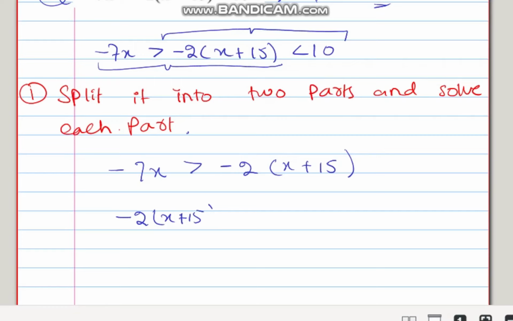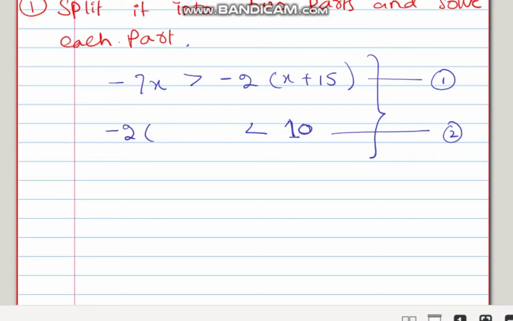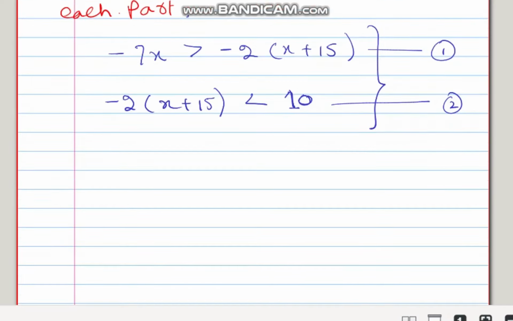Nothing is difficult in this, it's very easy. I just split it into two parts, part number one and part number two. Please solve part by part, and then you will get two inequalities for x, and then we will combine them. For the first one, how can we solve this? It's very easy, and we also did this before.